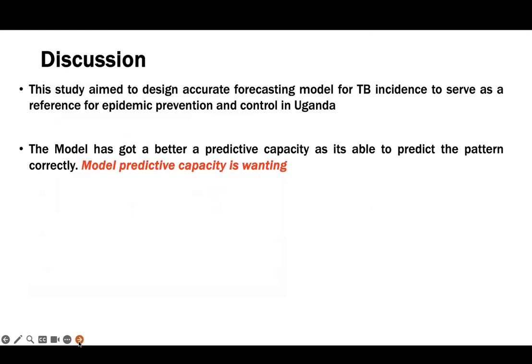Yes, so the discussion: the study aimed to design an accurate forecasting model for TB incidence to serve as a reference for epidemic prevention and control in Uganda. Last time we were saying the model has a better predictive capacity. However, from what I've got for the last 2 days, our model's predictive capacity is lacking.